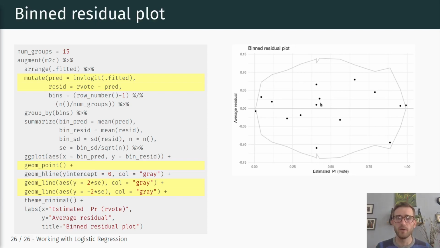So whenever you create these binned residual plots, you have to play around with the bin size itself and make sure to have enough resolution to really evaluate whether there are non-linearities or things like that, but at the same time have sufficiently sized bins themselves.